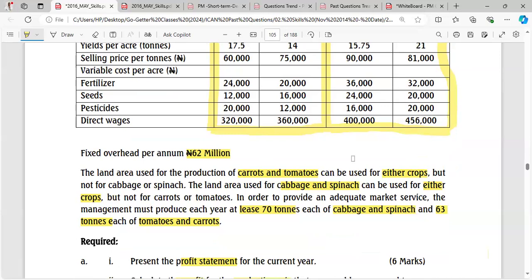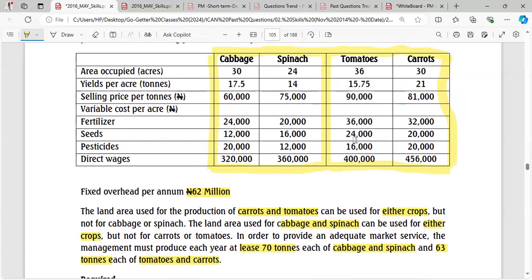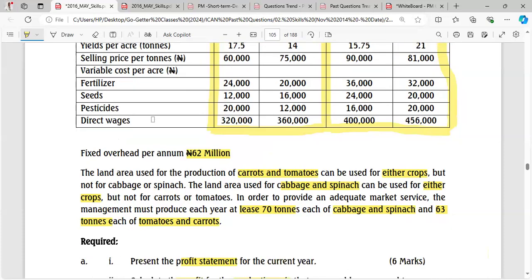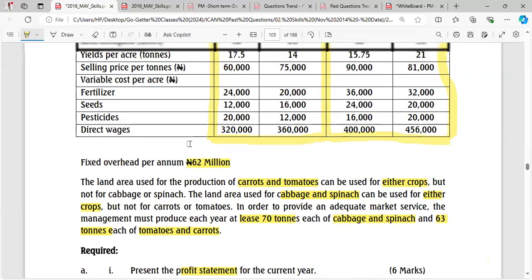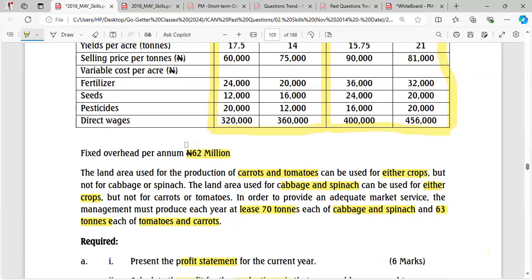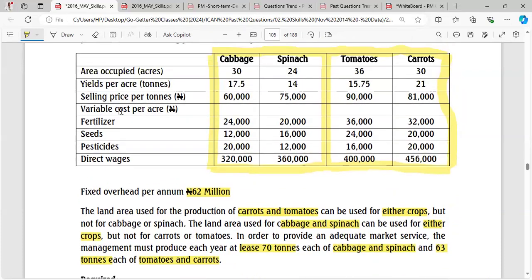And they told us the minimum that you can list for each ton.